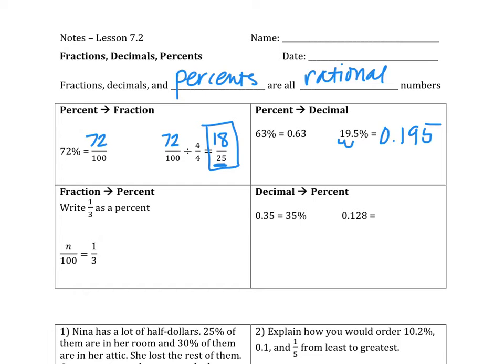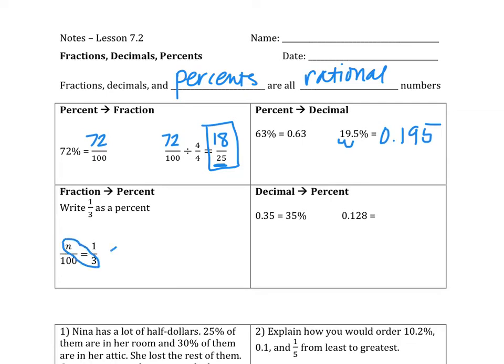Now we're going to go from a fraction to a percent. Write 1/3 as a percent. So percent always means over 100. So what number over 100 is the same as 1/3? What we're going to do here is cross multiply.